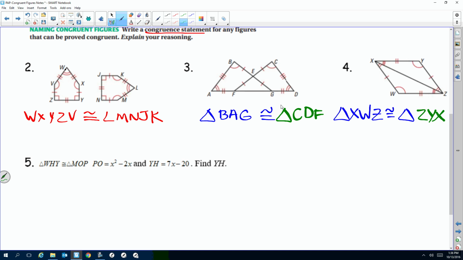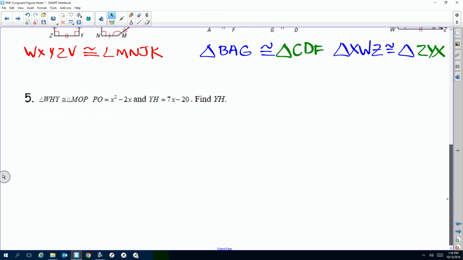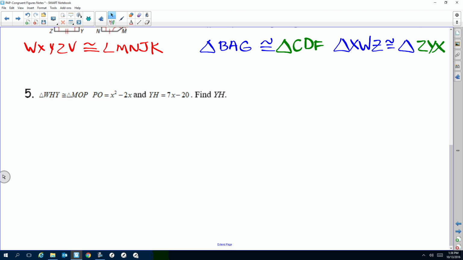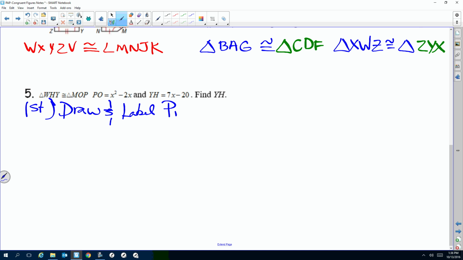All right, and then for number 5, there's 2 things you can do. First, problem solving strategy: draw and label a picture. Okay, we're going to use this congruency statement to draw and label our picture.